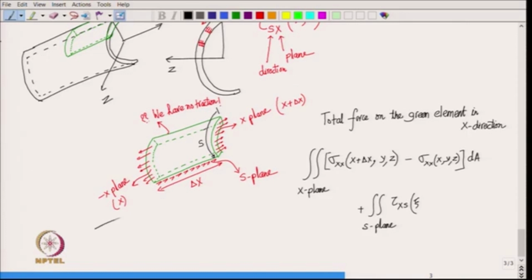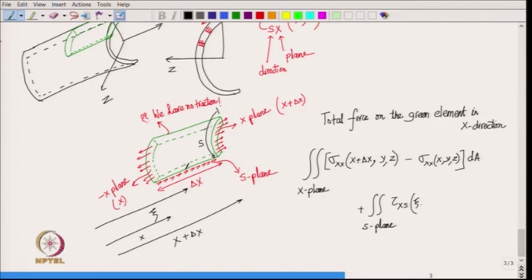So, it starts from here and any point that is zeta. So, this is your x and that is your x plus delta x. The difference is delta x, and any arbitrary point here is denoted by zeta.